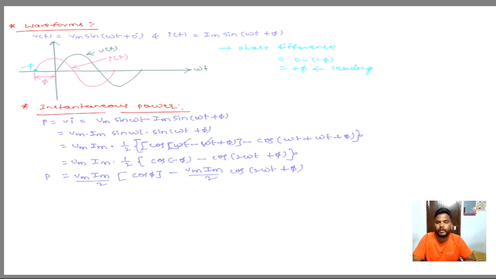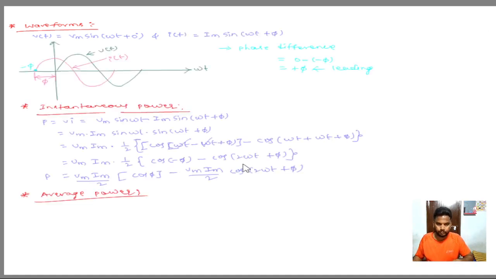Next, calculate average power. We know that the average over a total complete cycle gives zero average power.